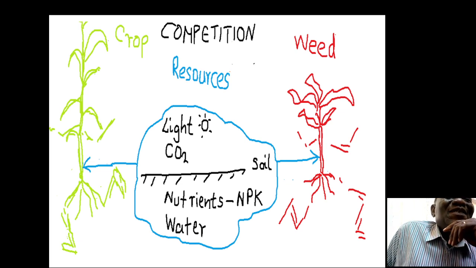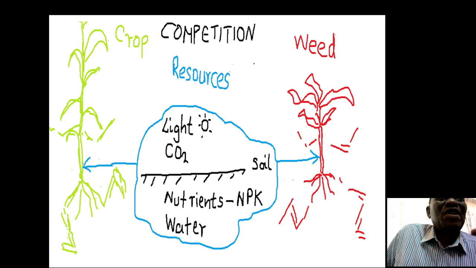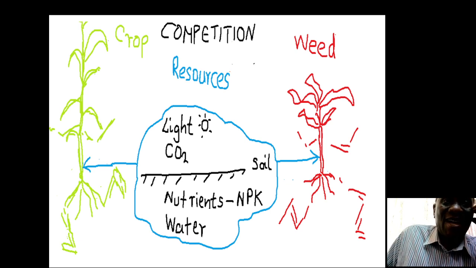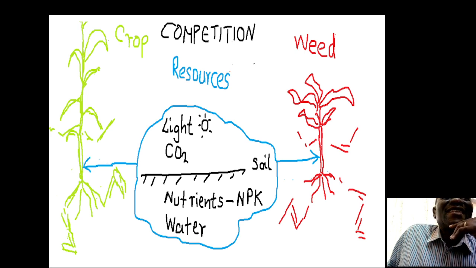Okay. So what we're talking about is the effects of weeds on the crops. We've tried to highlight the processes and also what is competed for, which causes the crops to suffer during this type of relationship where we have weeds and the crops growing in the same environment.